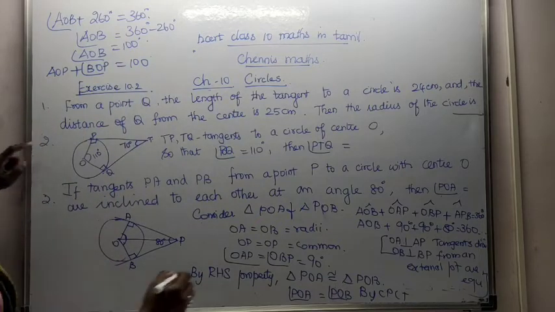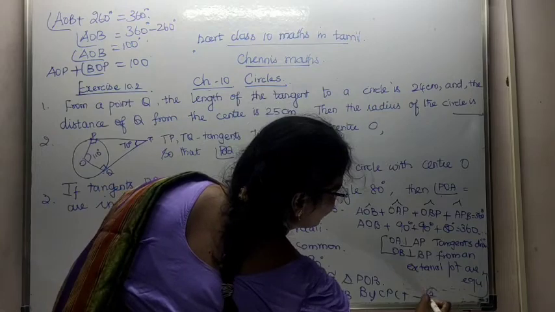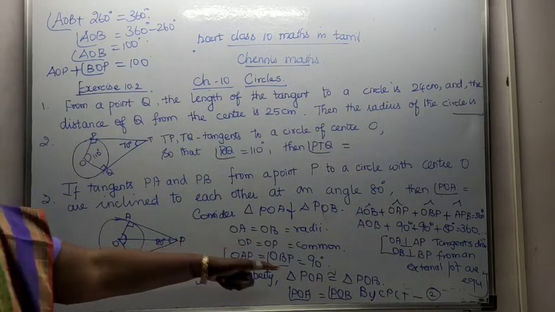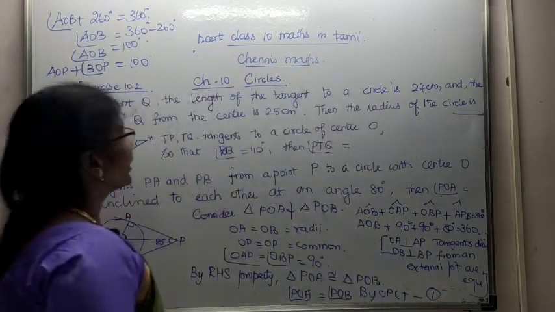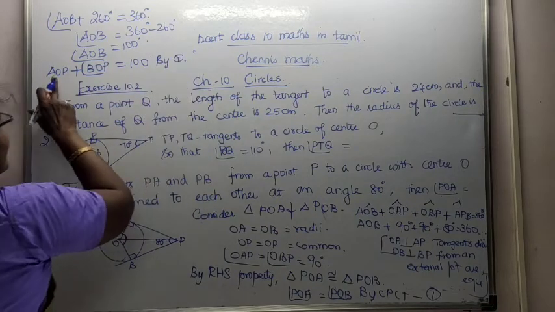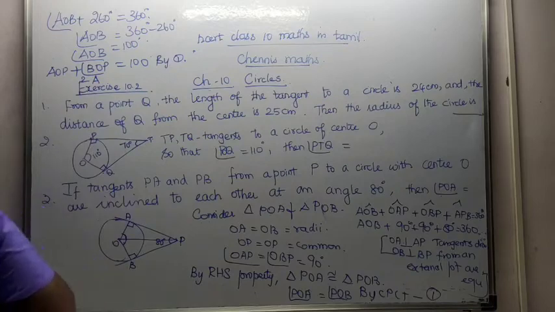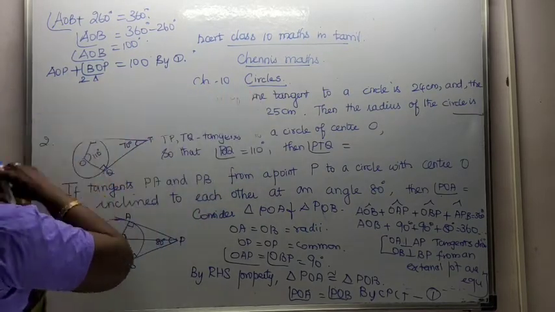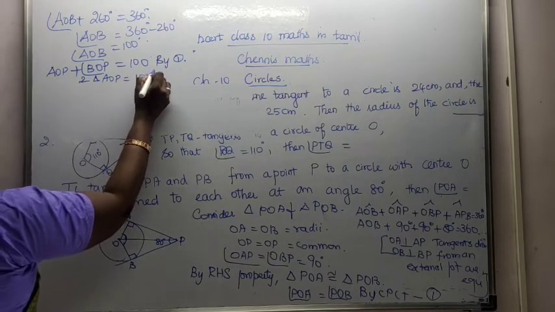We know that POA is equal to POB. Call this equation 2. Whether you write 1 or 2, put some equation number. Therefore, by 1 these two are equal. Therefore, 2 into angle AOP is equal to 100 degrees.